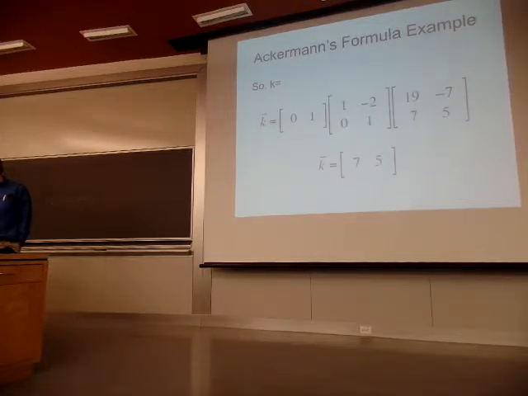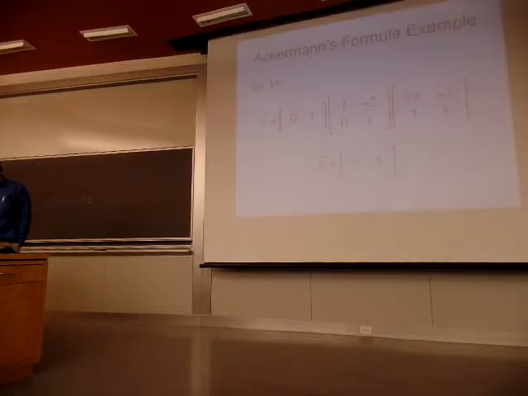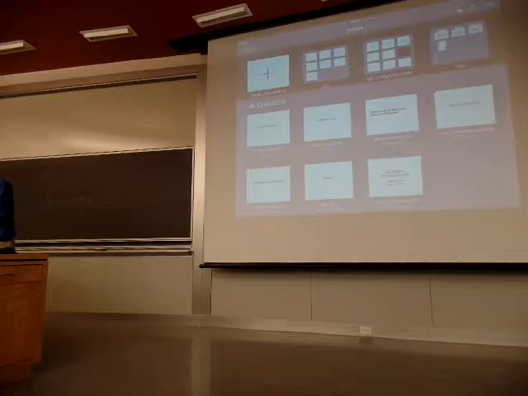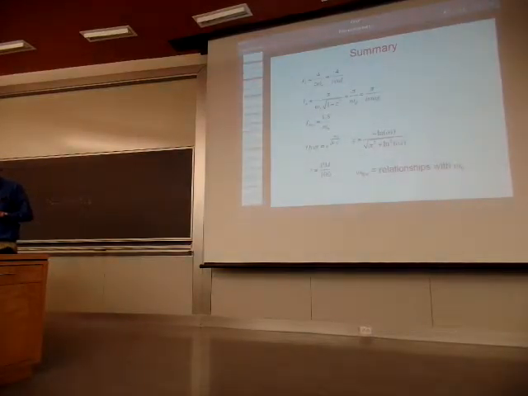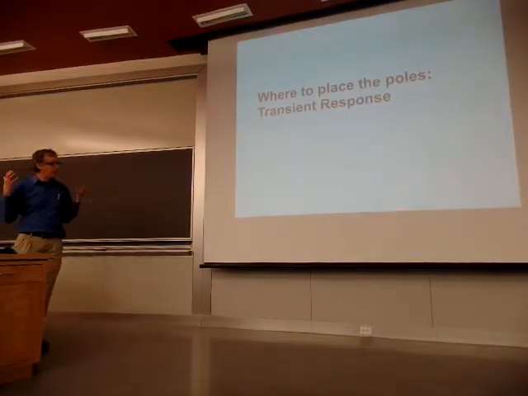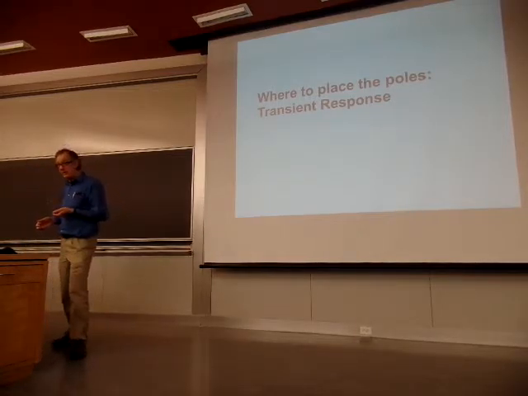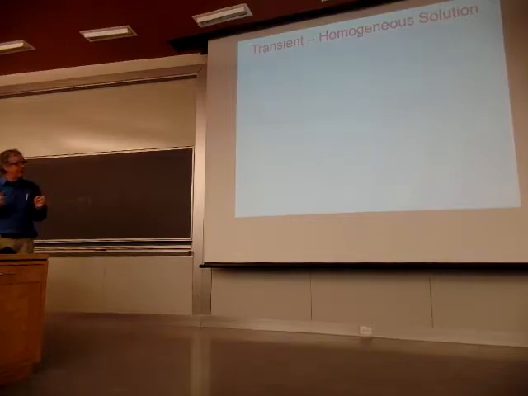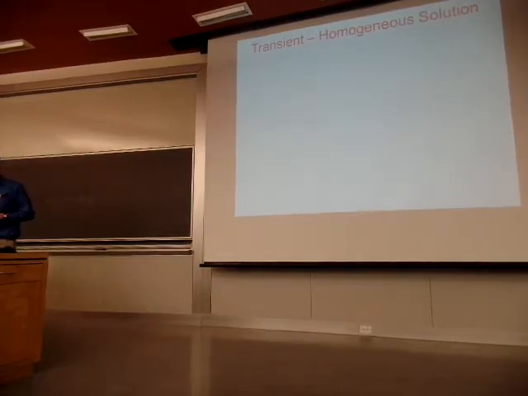All right. Let's remind ourselves how we place these poles. Basically, where do we place the pole? We're going to remind ourselves of some of the transient response. Remember, transient response is a homogeneous solution, right?